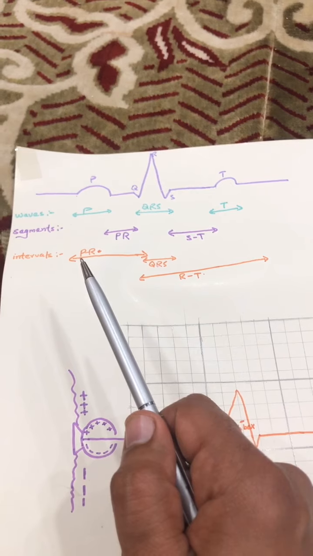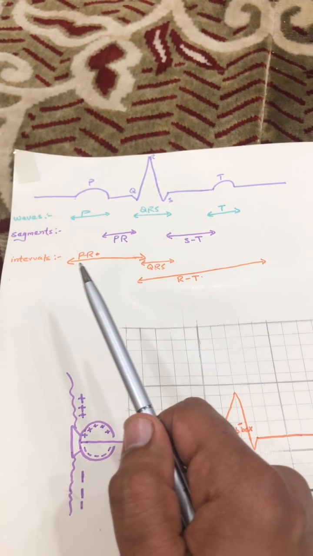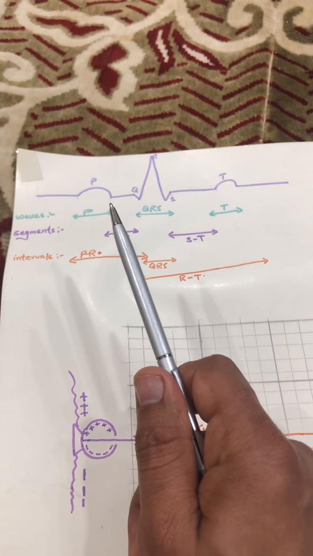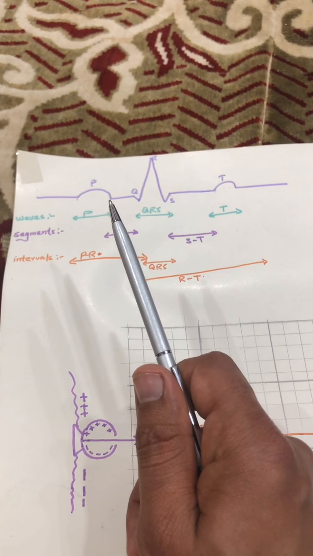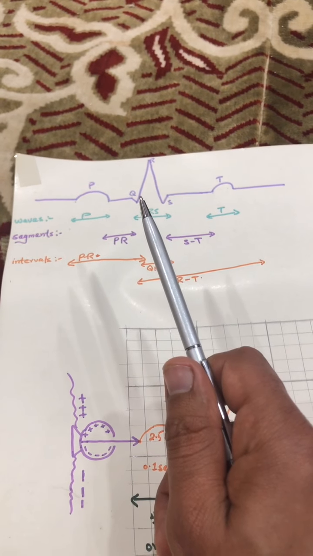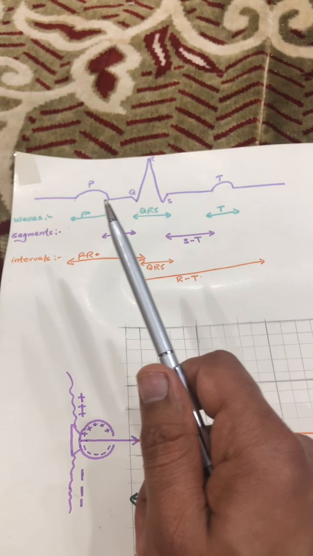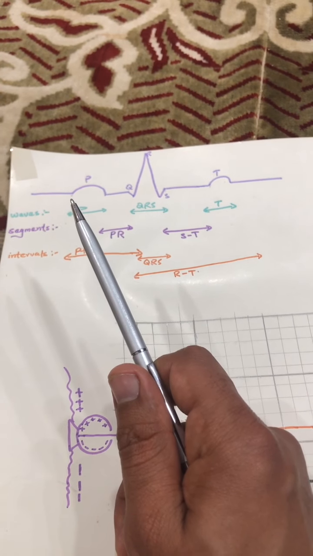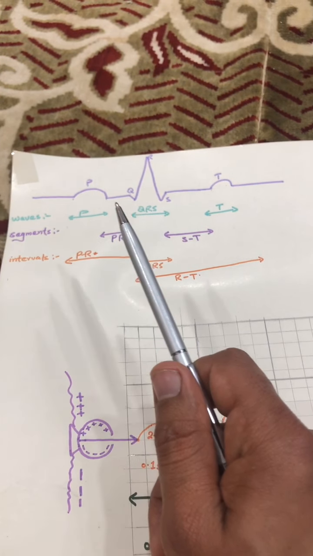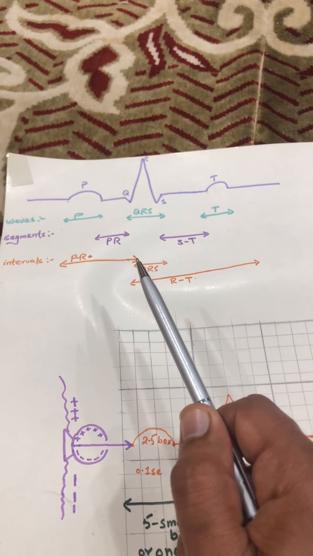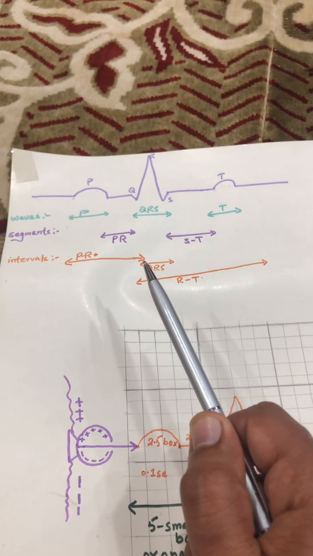There are three intervals here. One is the PR interval. Unlike the segment, which started from here, the PR segment was starting from the end of the P wave and ending over here. The interval is going to start from the start of the P wave and end here. See? Okay, this is the first interval.